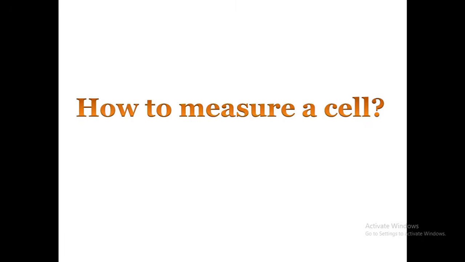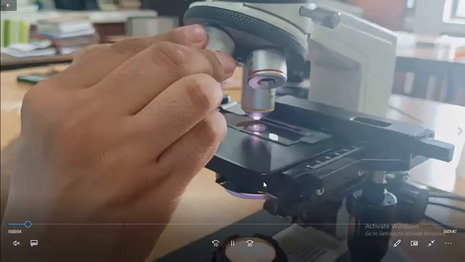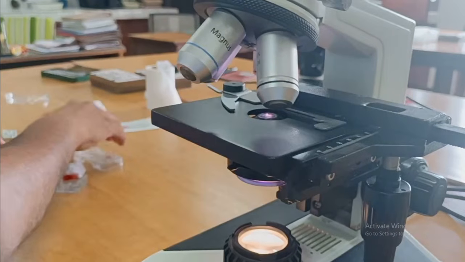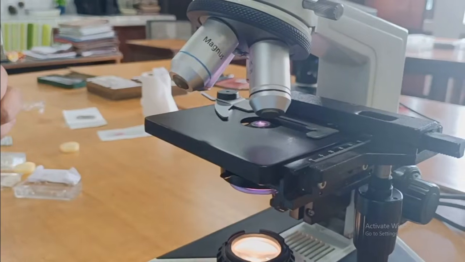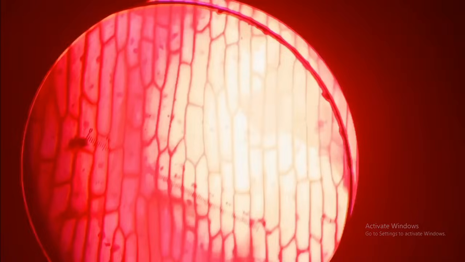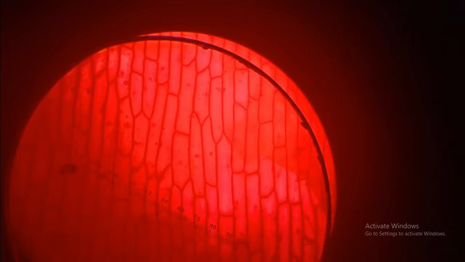Now we will learn how to measure a cell size with this calibration factor. For this we have to replace the stage micrometer with the slide. We have to use the same objective lens for which we have already calculated the calibration factor. Now you can see the markings of the ocular micrometer along with the material.